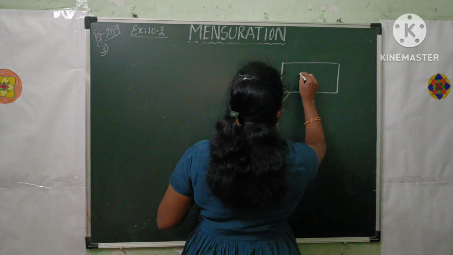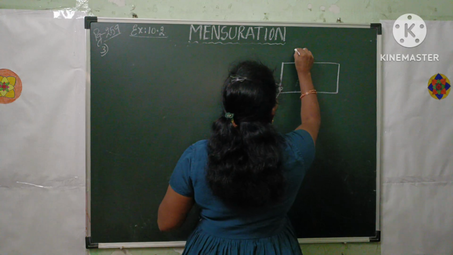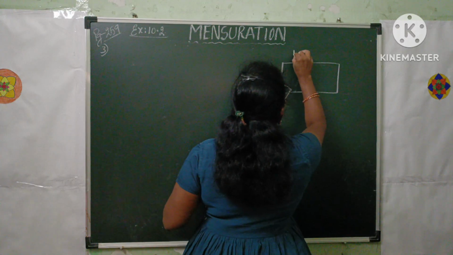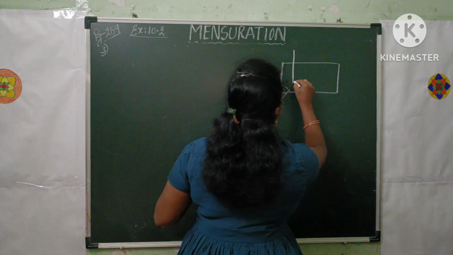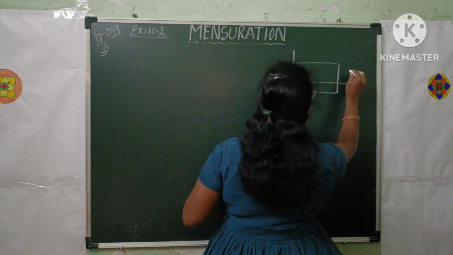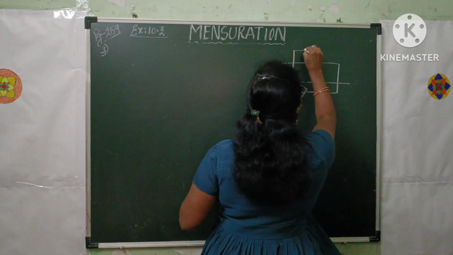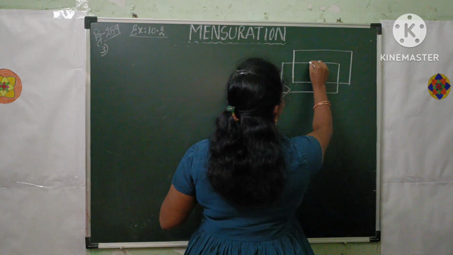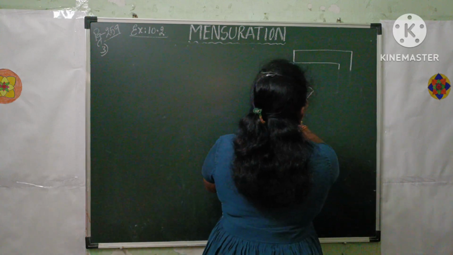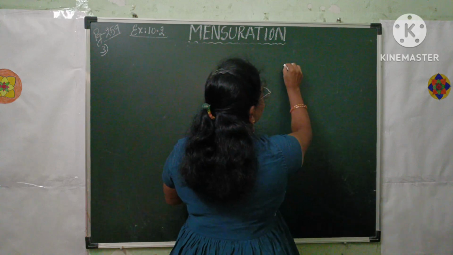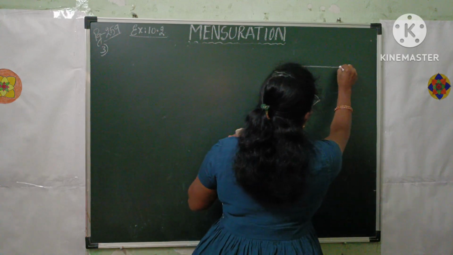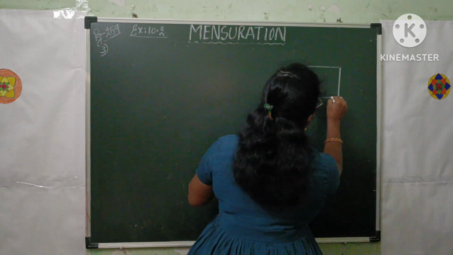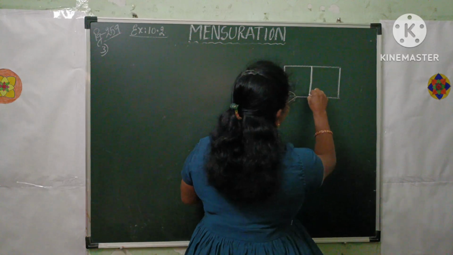Next, one more rectangle also we have to draw. Again, I will show clearly. See, this is the rectangle. Divide into two equal parts.